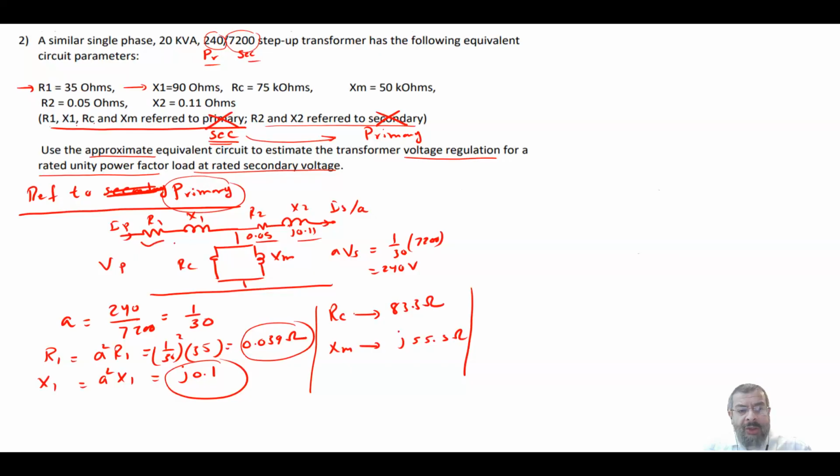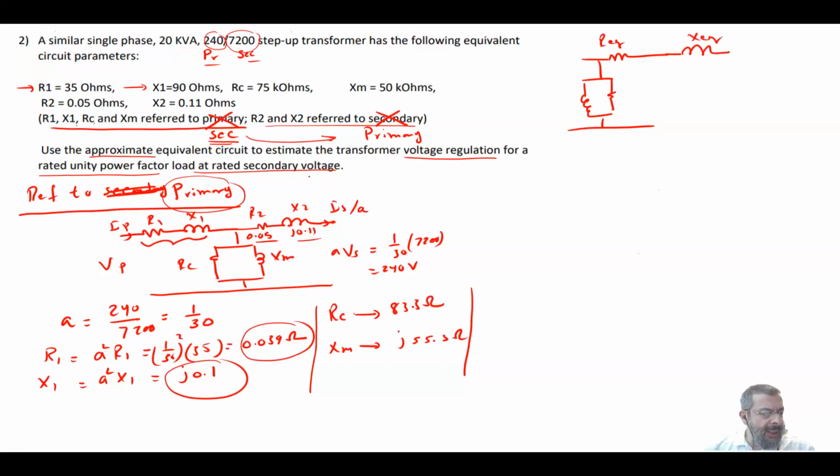Now, what I will do is move this branch here, so you will have the approximate model. This is what it asked you to do. So basically, this is your RC and XM. You will have the R equivalent and the X equivalent.